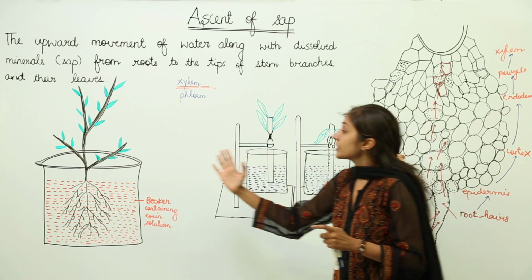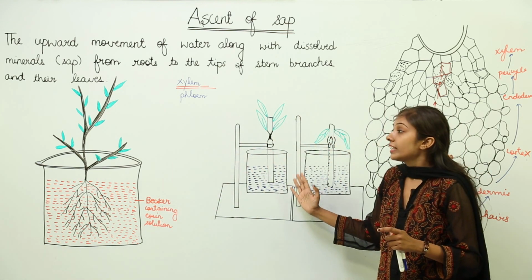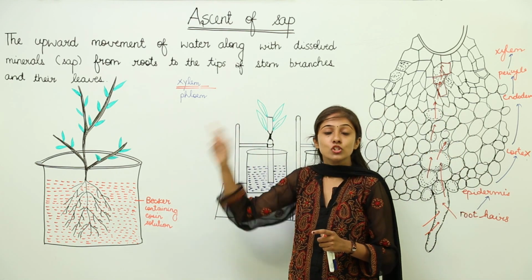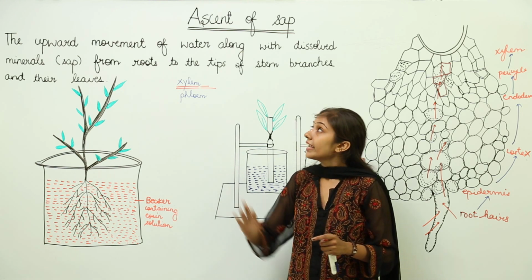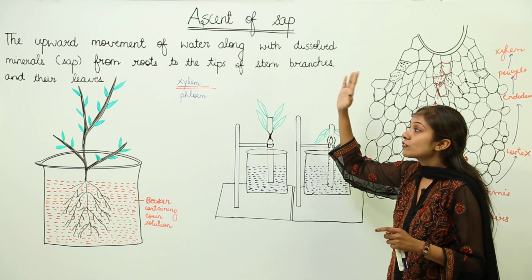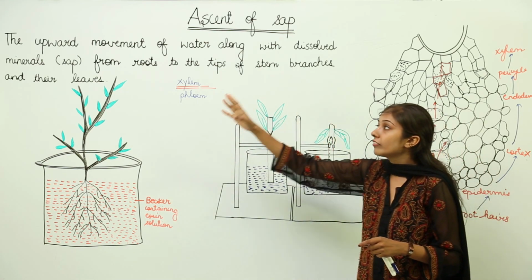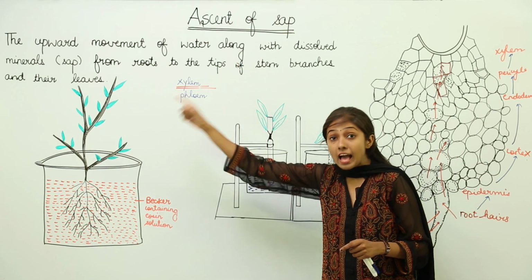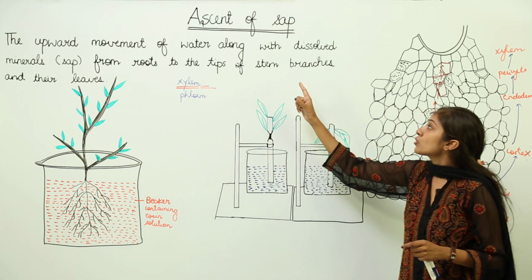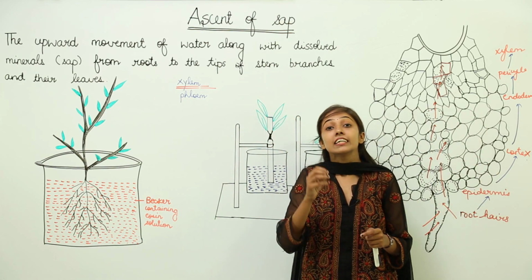And in these two experiments, we have proved that xylem is the tissue responsible for ascent of sap, means the upward movement of water along with dissolved minerals, which we call sap, from roots to the tips of stem branches and their leaves.